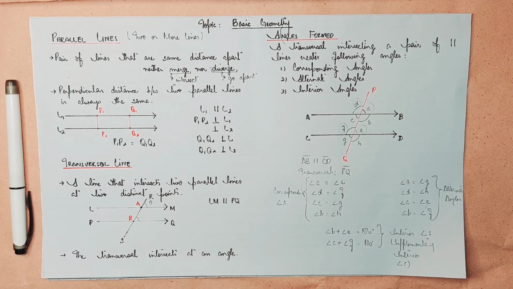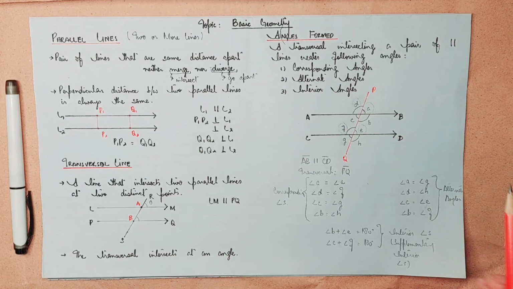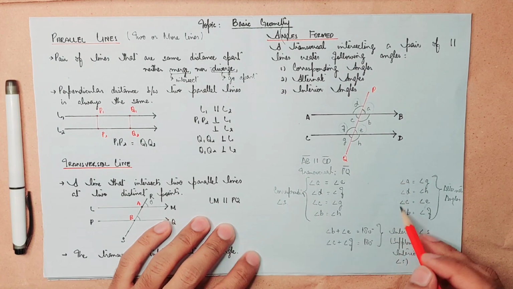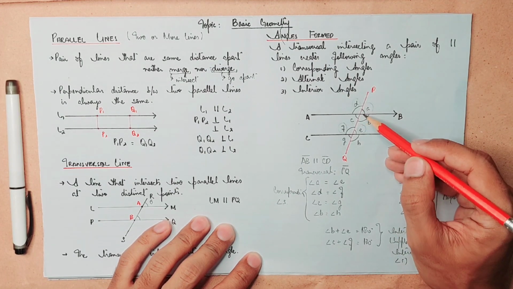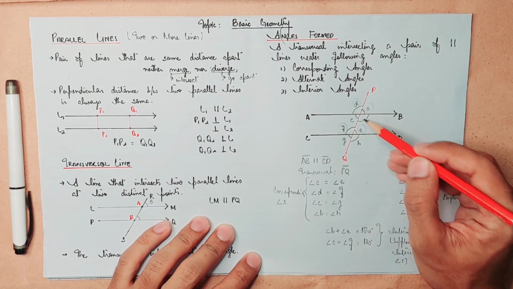One thing I would recommend you remember is that alternate angles are of two types. Alternate angles could be interior angles and could be exterior angles. Angle A and angle G are formed outside of the parallel lines.